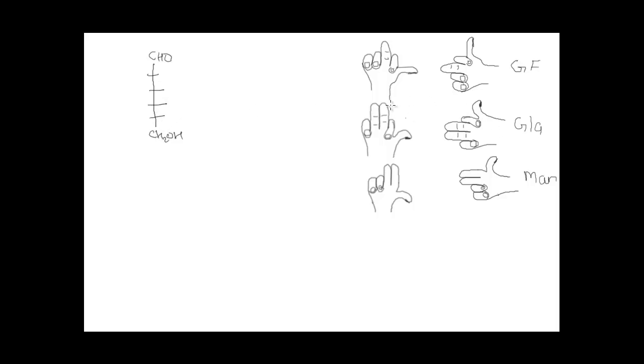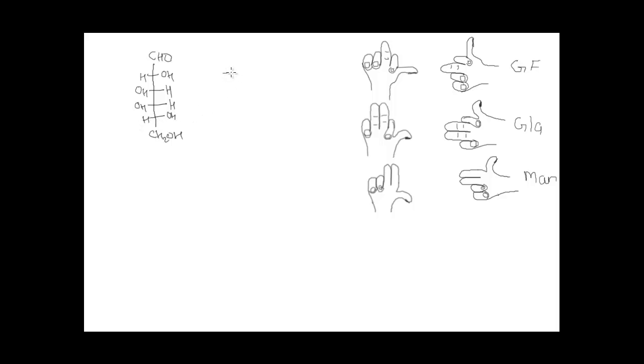So for galactose, it's kind of like you are fingering someone: the first one comes this way, the last one comes this way, both of them are the other way. So you have OH come this way, OH come this way, and the other two OHs are this way, and you have hydrogen everywhere. So this is your galactose, and this is a D-galactose, because this OH is coming to the right. If this was going to the left, it would be L-galactose.